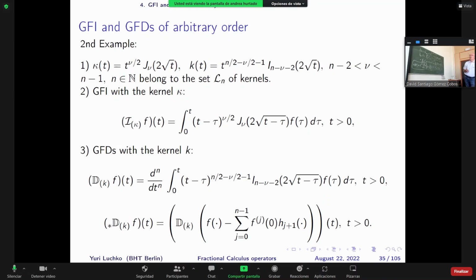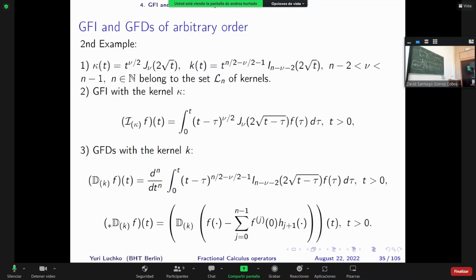This is the form of the Riemann-Liouville type fractional derivative, of course modified with the modified Bessel function in the kernel, and this is the Caputo version. And we will see that some basic properties of the fractional integrals and derivatives are automatically fulfilled for these operators.